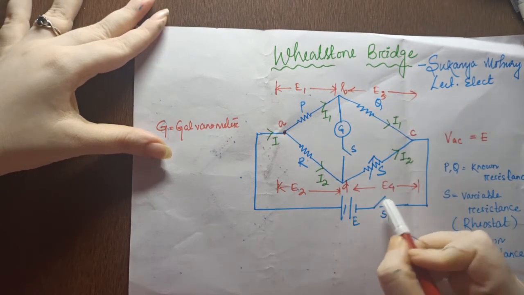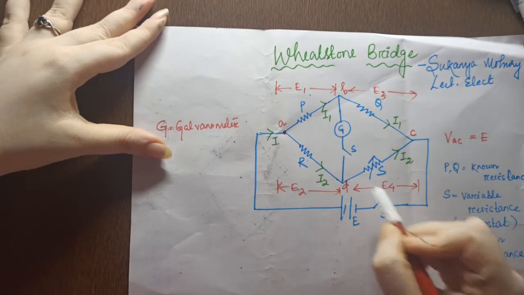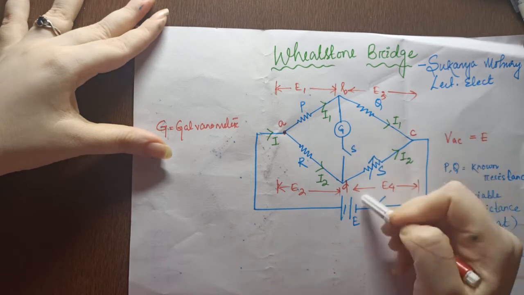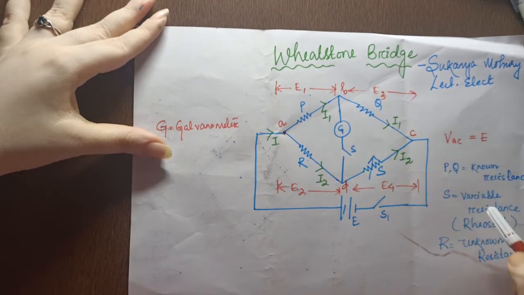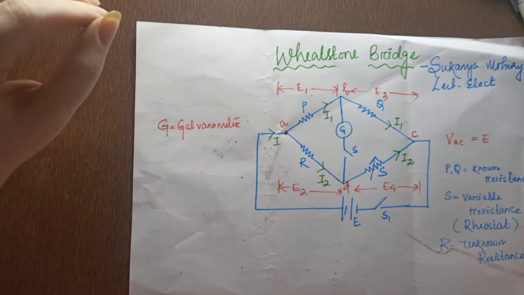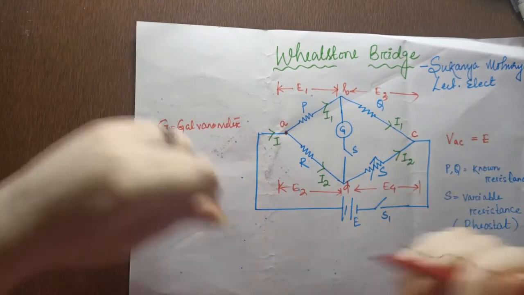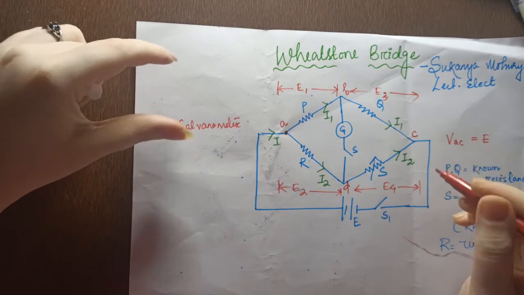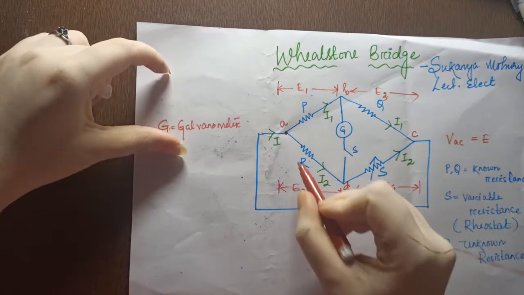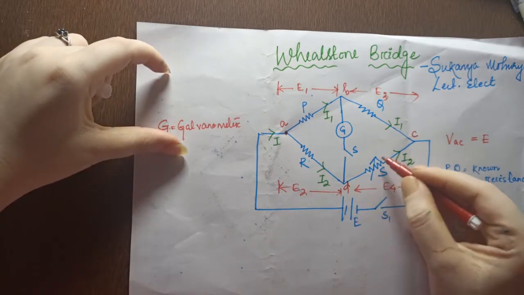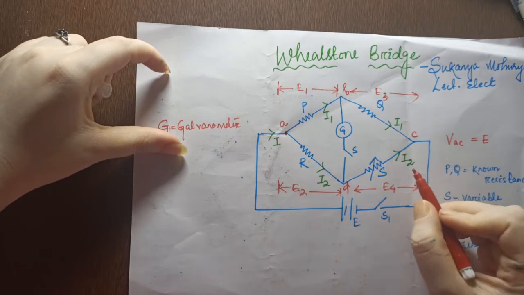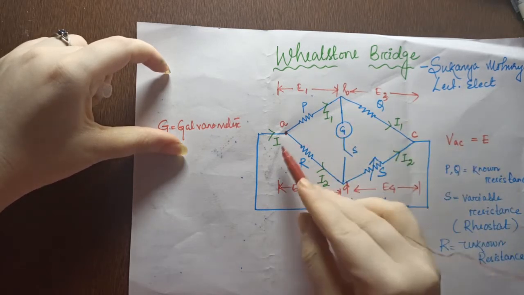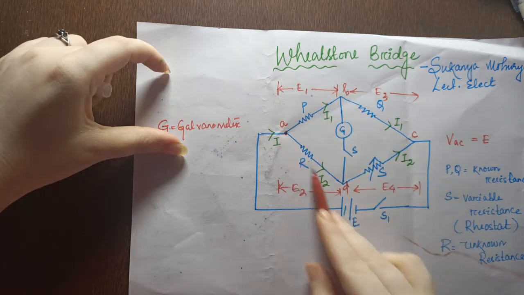Okay, so when we switch on this S1 and start varying this S or the variable resistor, our main aim is to vary the currents. Definitely if I am changing the resistance value, it means the current I2 is getting varied.